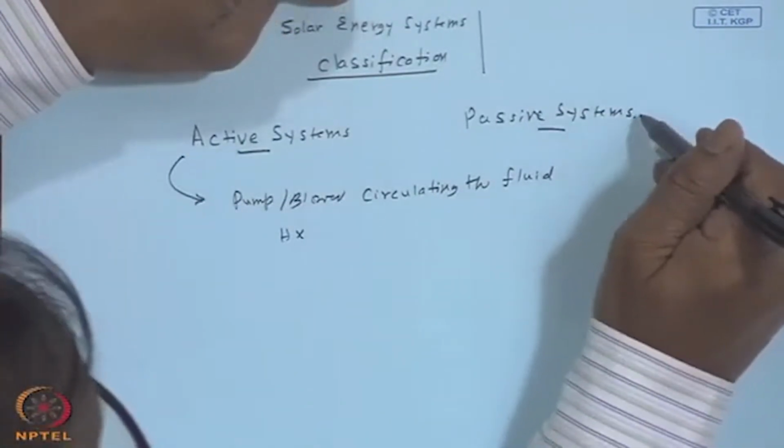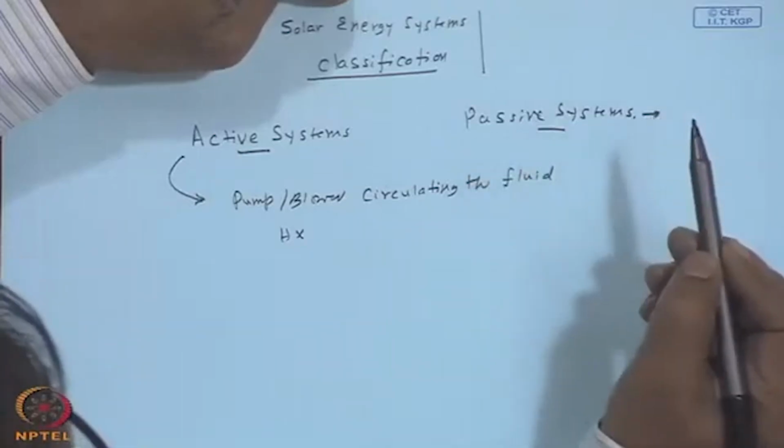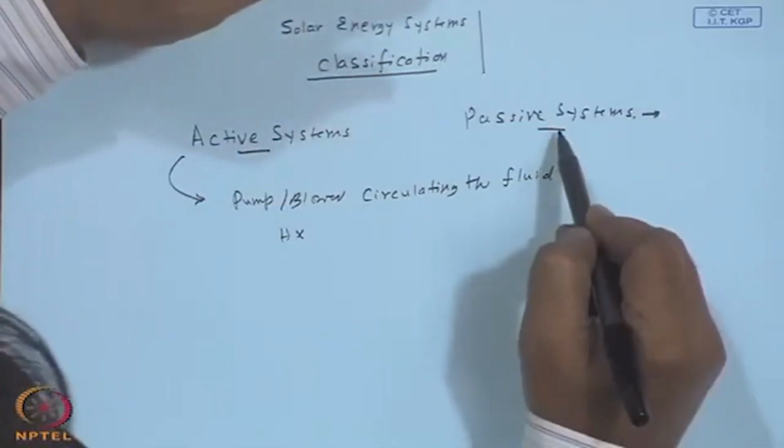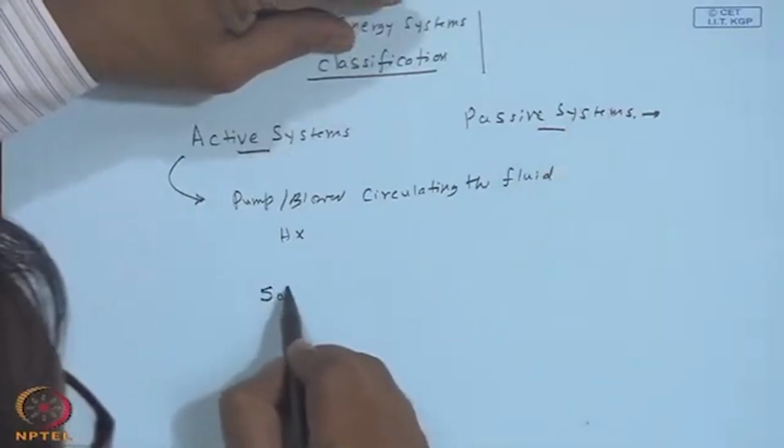And you can also give a counter example for a passive system, which is a passive system though it could be external to the body. For example, a solar cooker.